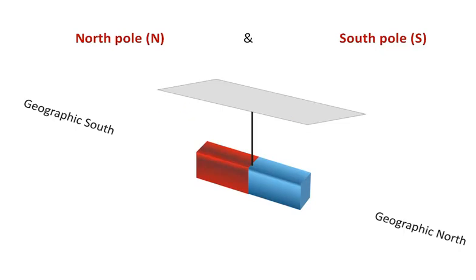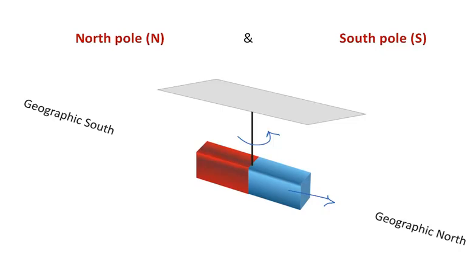Now if you suspend a magnet freely from a vertical plane and it is free to rotate in a horizontal plane, then the magnet orients itself in one particular direction.